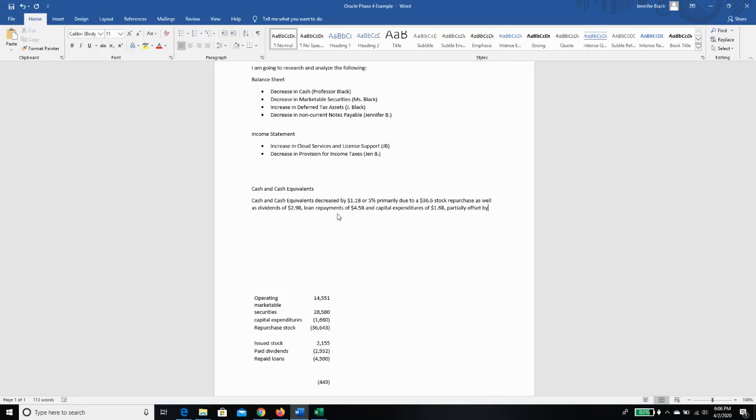So my decrease was partially offset by operating cash flow of 14.5 billion, sales of marketable securities of 28.5 billion, and the B stands for billion, and stock issuances of 2.1 billion.